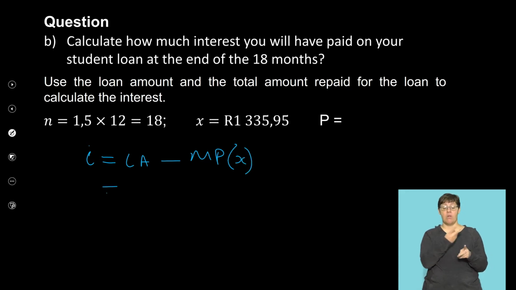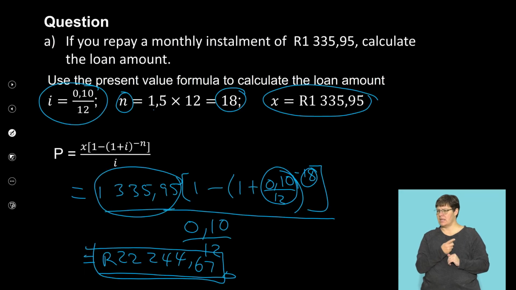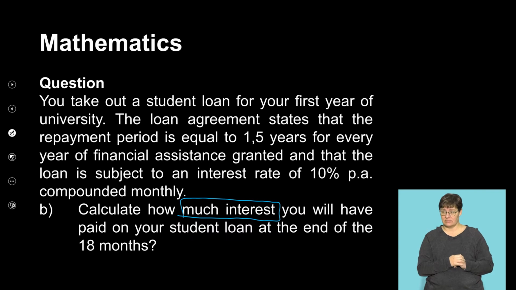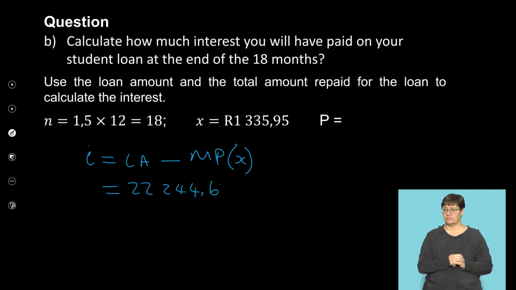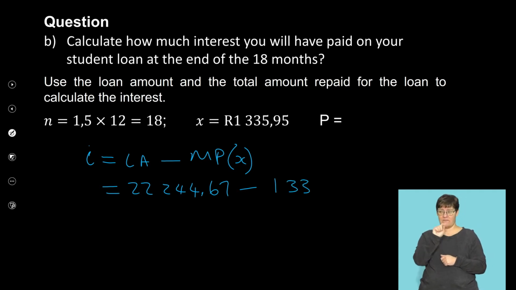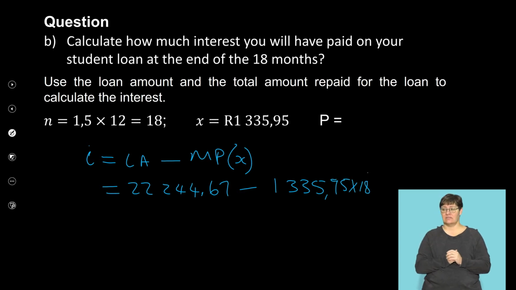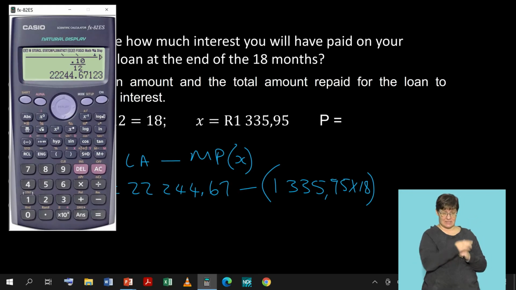Now, the loan amount will be the 22,244, and how many cents was it again? This was 67 cents, and 67 cents minus the monthly payment for 18 months, which will be 1,335.95 multiplied by the 18 months. Right, and then we go straight to our calculator.